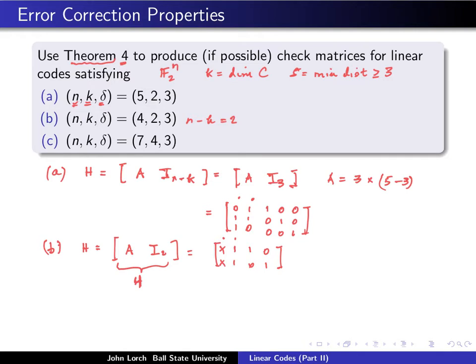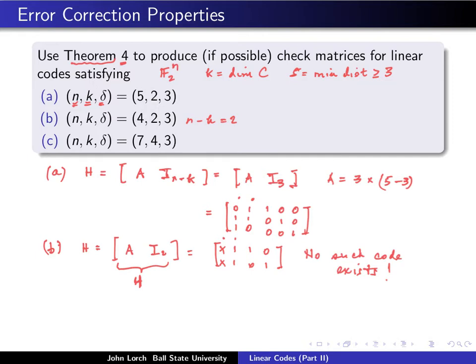I can't put anything there. And so what we conclude is that no such code exists. Right, so there's no linear, two-dimensional code in F2^4 that can correct one error. The code words would just wind up being too close together.